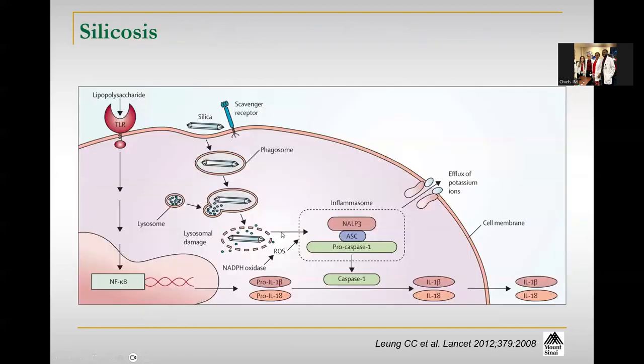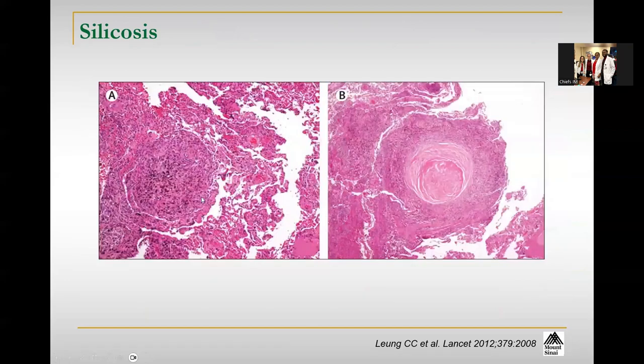So I won't belabor the issue of the cascade, as I said, that leads to the inflammation and the fibrotic process, because I wanted to show you a little bit how it looks and how you can contrast it with the one with coal dust, where you see this very intense fibrogenic reaction.